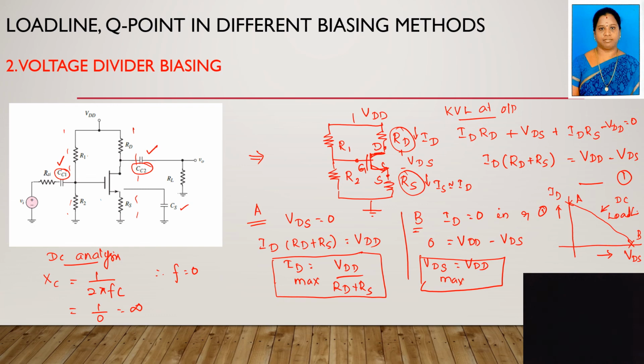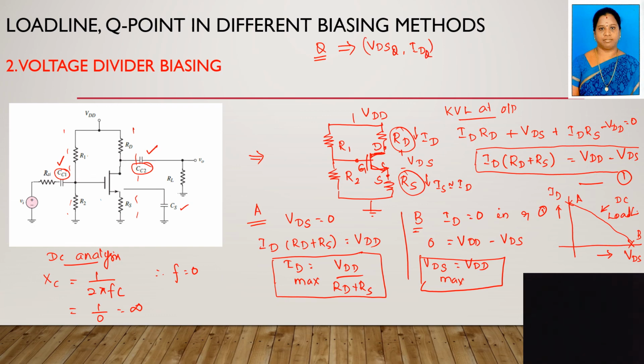The same equation you have to take. So if you want to locate the Q point, I told you Q point is nothing but the VDSQ as well as IDQ, right?